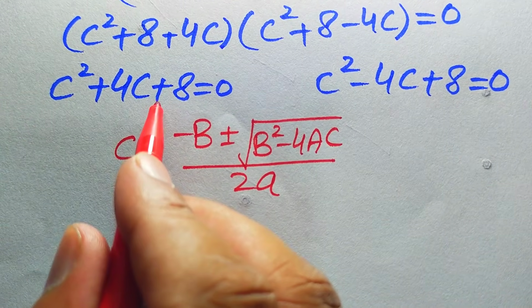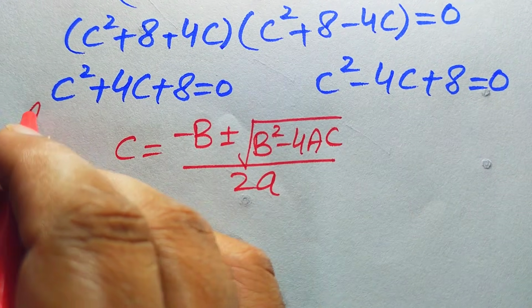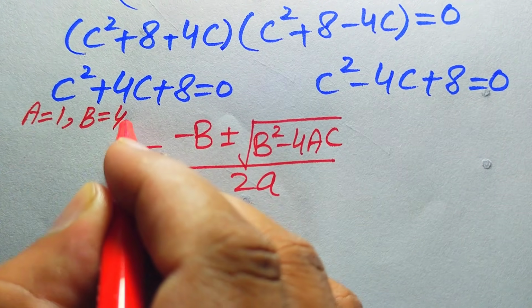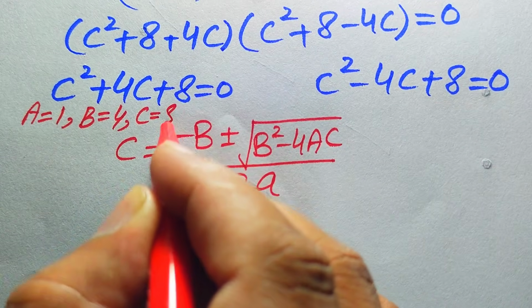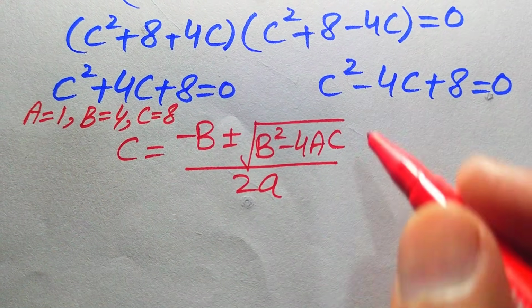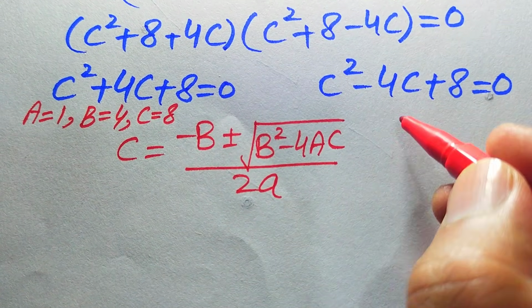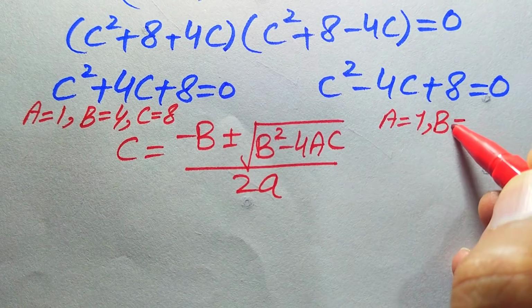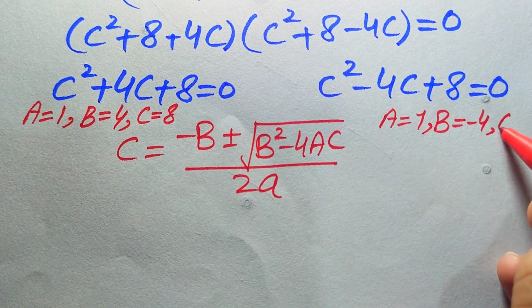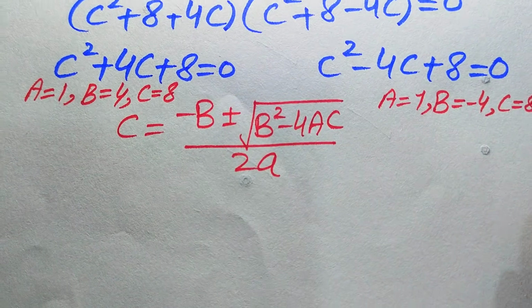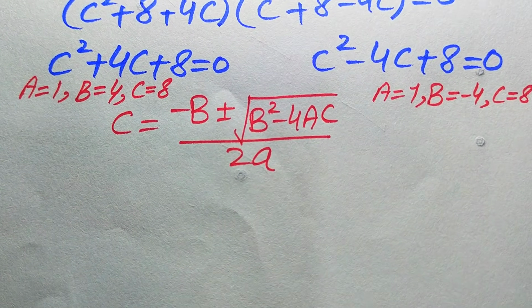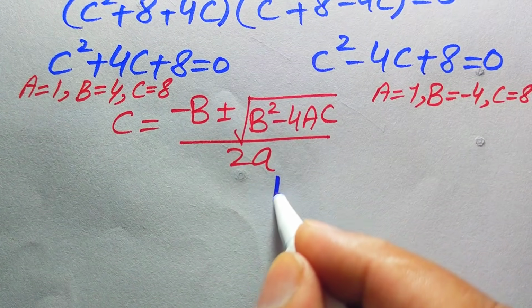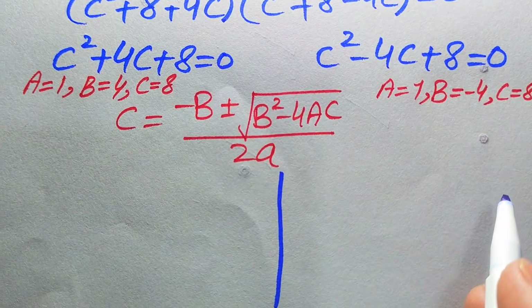First we write the coefficients of this equation: capital A equals 1, capital B equals 4, and capital C equals 8. And the coefficients of this equation are A equals 1, B equals minus 4, and C equals 8. So we substitute the values of a, b, and c in this formula.